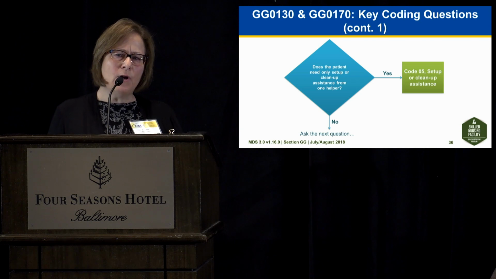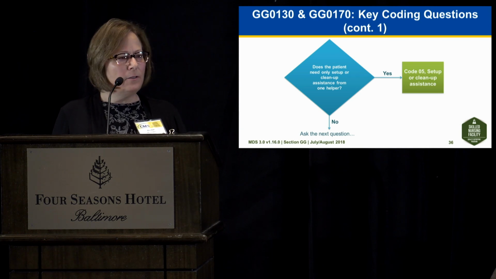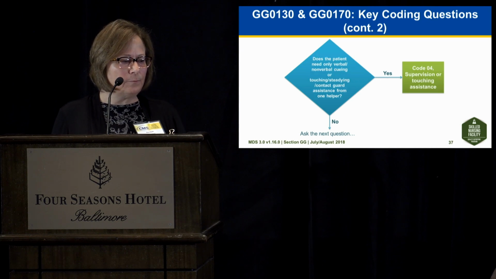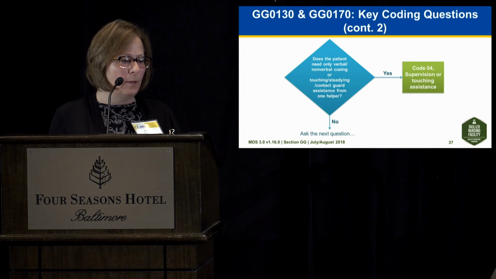If the answer is no, they may need a little more help, then you go down to the next question. Does the patient need only verbal or nonverbal cueing or touching, steadying, or contact guard assistance from one helper? If the answer is yes, you code 04, supervision or touching assistance.